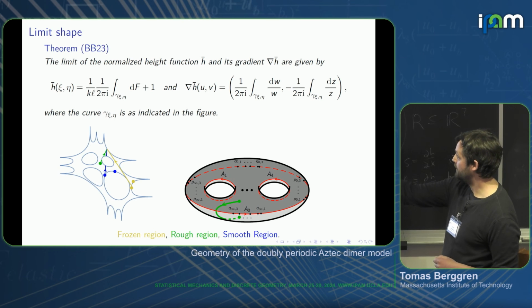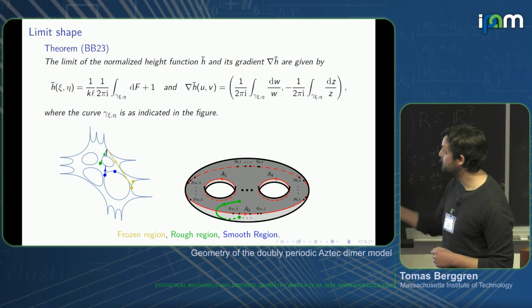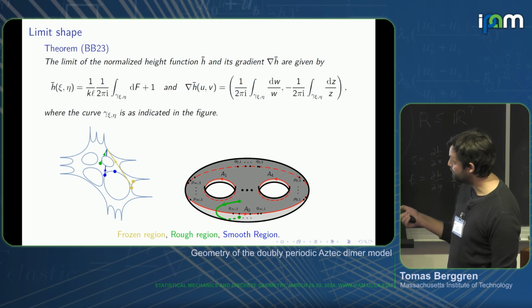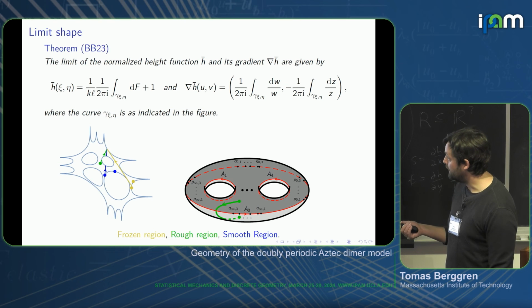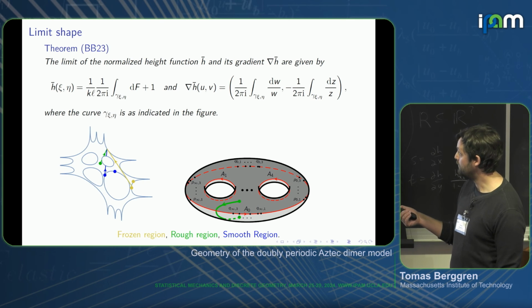So the limit here is the integral over the differential of the action function, where this curve goes from the critical point in your amoeba. So let's say we are in the liquid region, and your critical point lies here. You take any curve going from the critical point to any point on this component here. And that gives you a curve in the spectral curve.